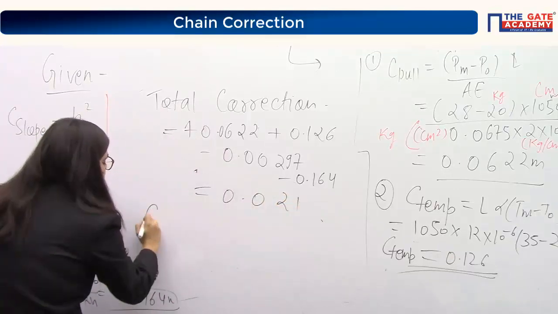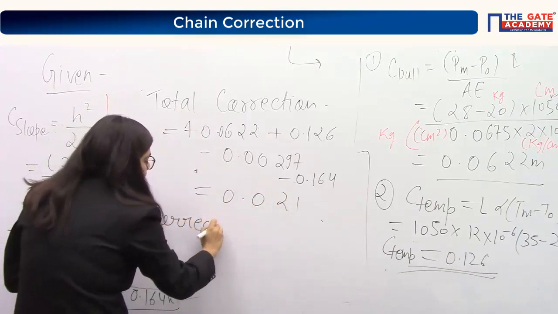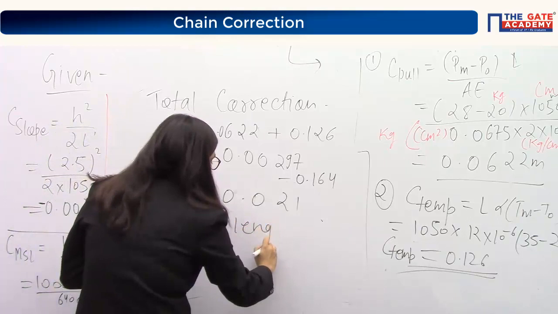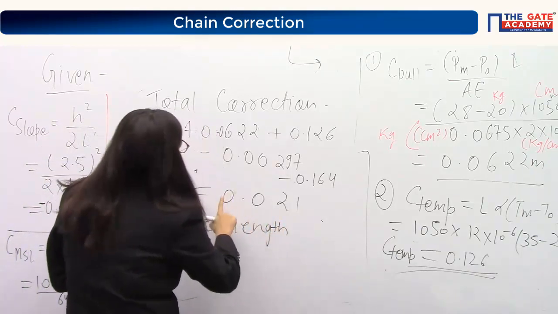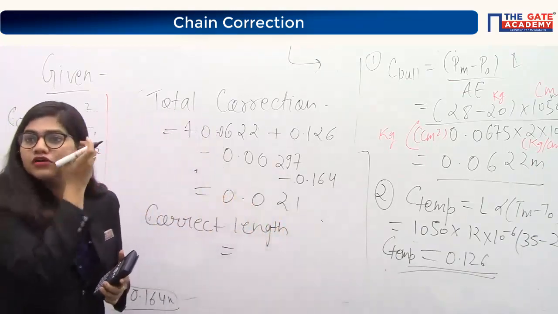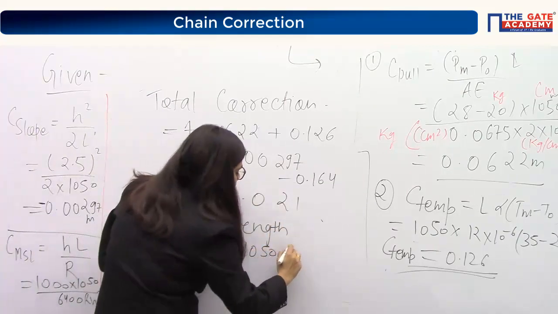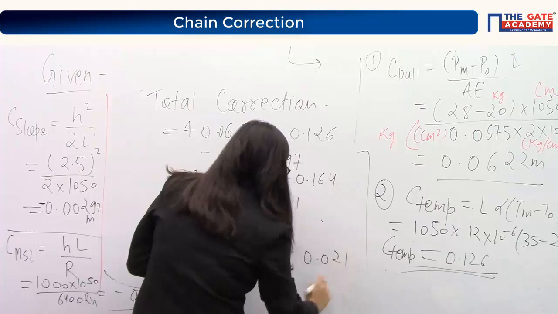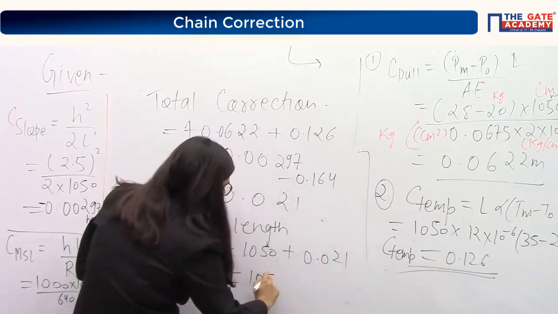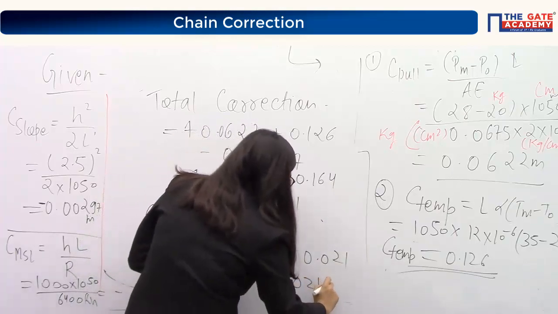So correct length, this correction is coming out to be positive. So what we'll do? We'll add it. 1050 plus 0.01. Okay, so it will be 0.21 meter.